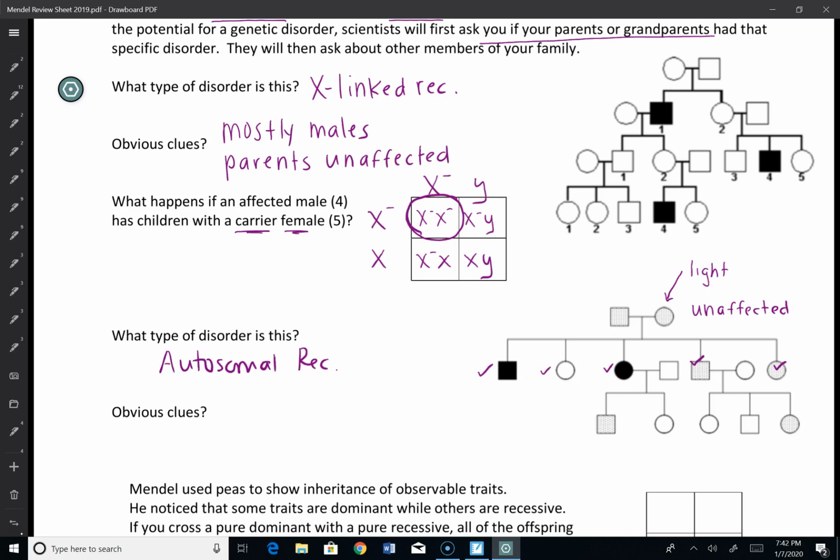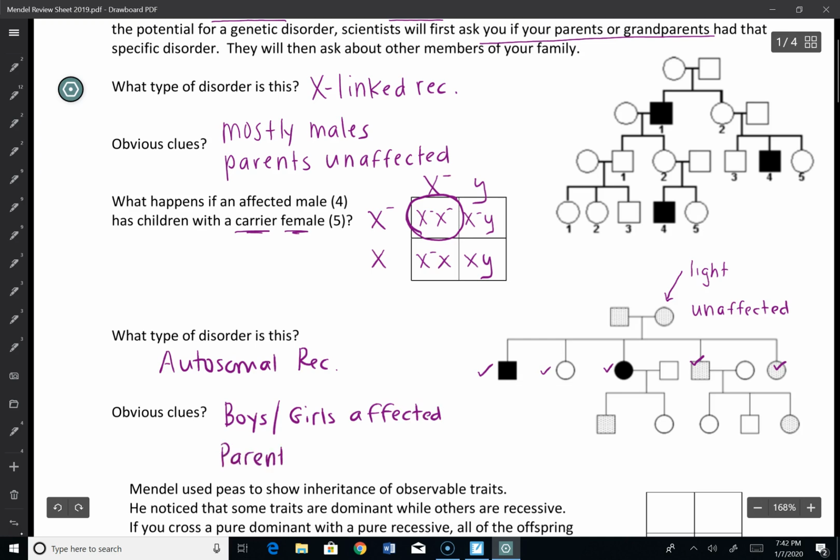So once again, clues, both boys and girls could be affected. It does not target only one sex. And again, the parents are unaffected with whatever it is. Again, color blindness, not here. This would be something like cystic fibrosis or Tay-Sachs.